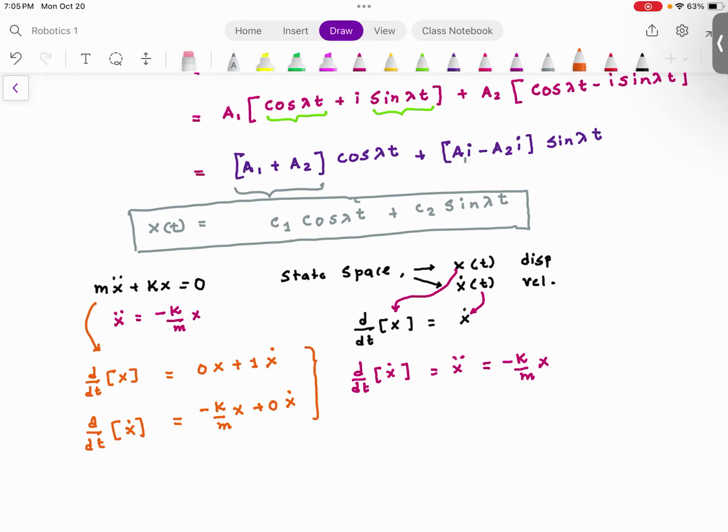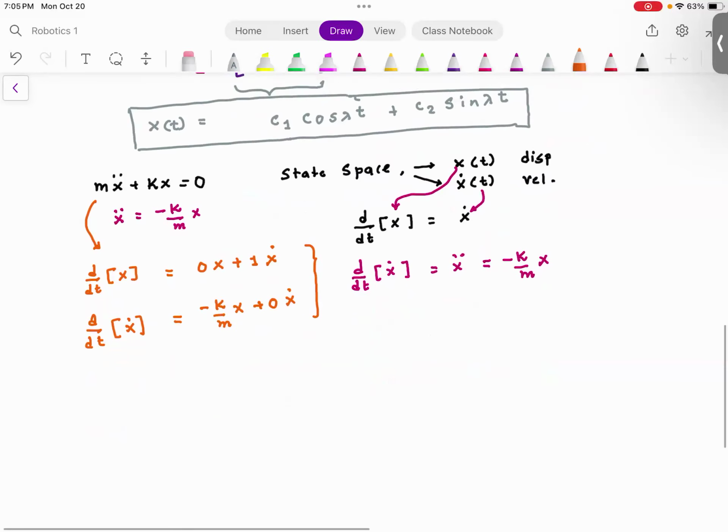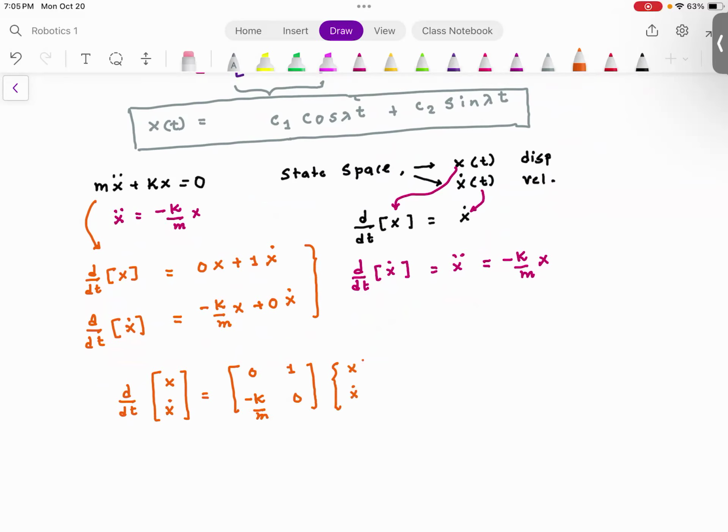So if I want to write these two expressions in matrix form for linear algebra, what I have is d over dt of [x, x dot] is equal to [0, 1; minus k over m, 0] times [x, x dot].